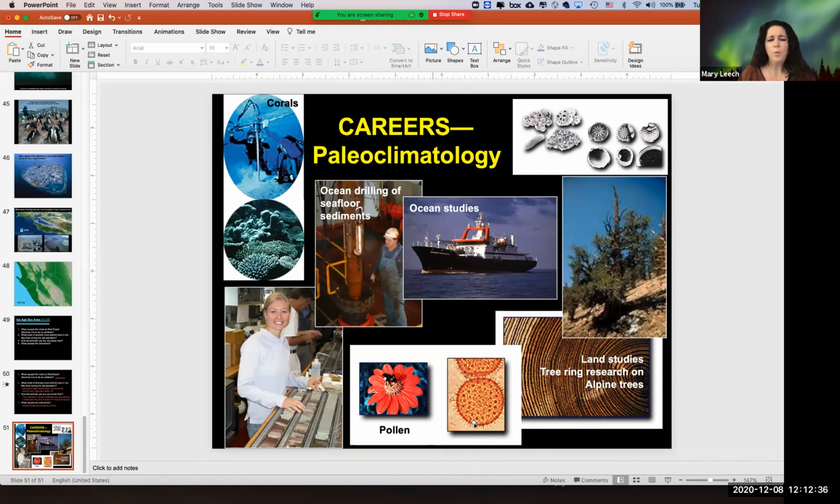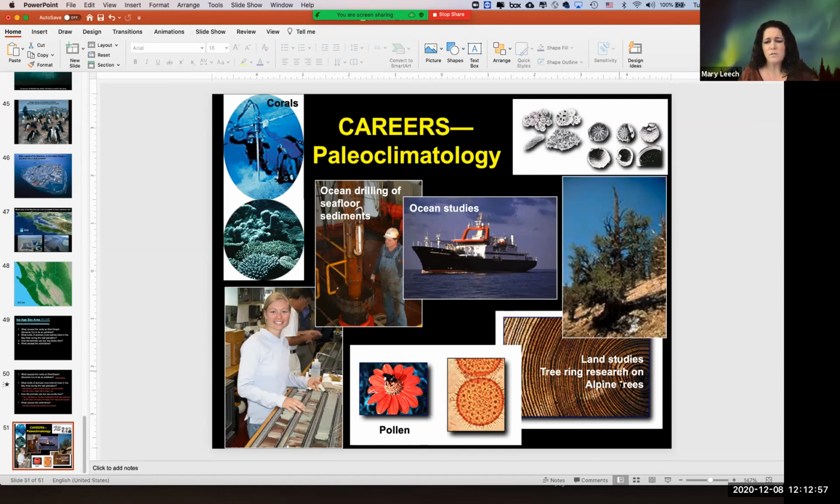You can pull pollen out of these sediments to study. You can look at the microscopic shells of these sea animals and measure the oxygen and carbon isotopes in their shells to study climate.